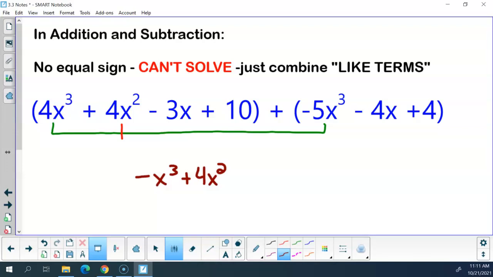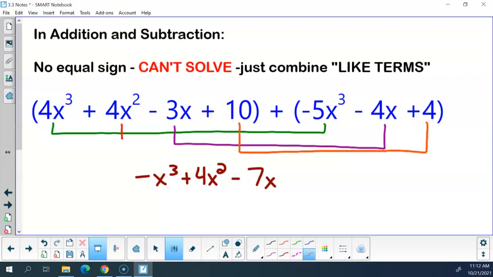Then I look for my next biggest one, which would be just x. Negative 3x plus negative 4x would be negative 7x. And then lastly, I look for just my numbers.